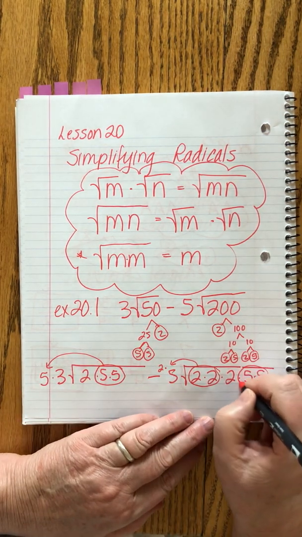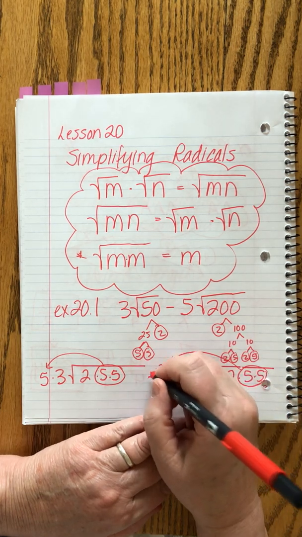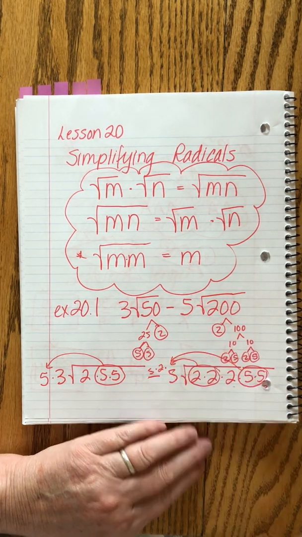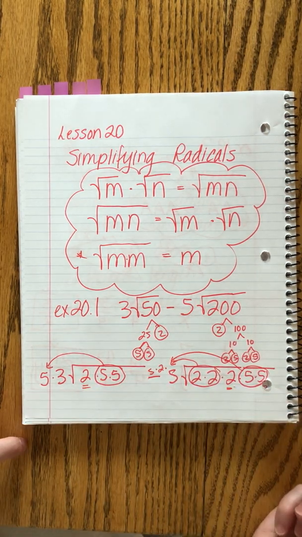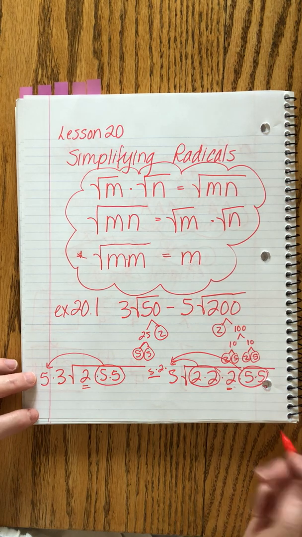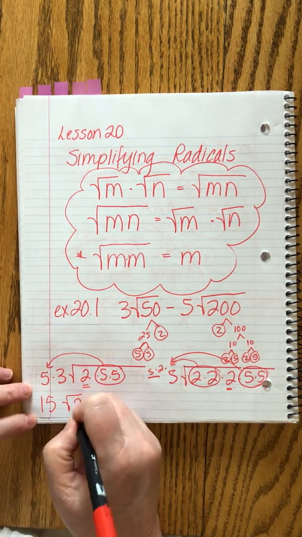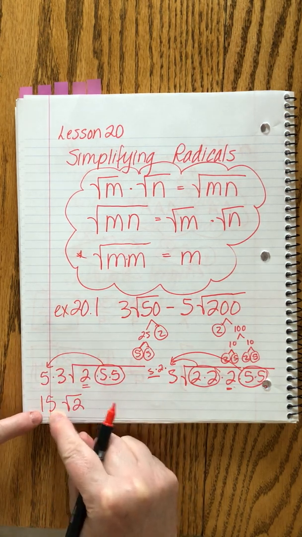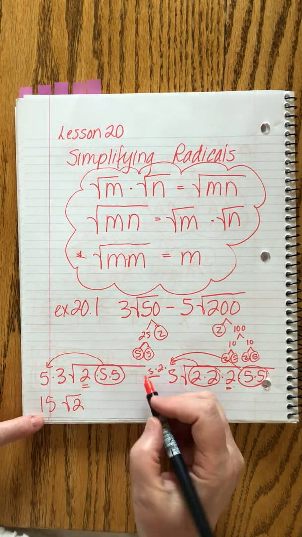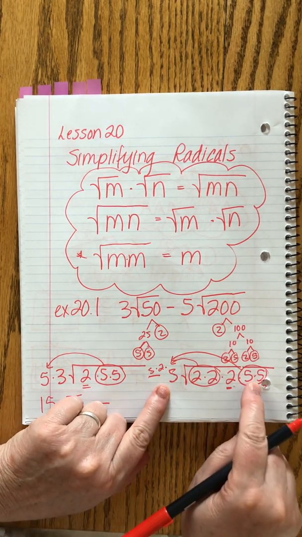And then we can bring out this pair of pigs as well, right? So that's 5 times 2 times 5. So what are we left with? Oh, look what happened there. Okay, so we're going to have 15 square root of 2 here, right? When we simplify this, 3 times 5 is 15. The 2 is what's left. Minus, let's see, we took out a 2 and a 5, so that's a 10.